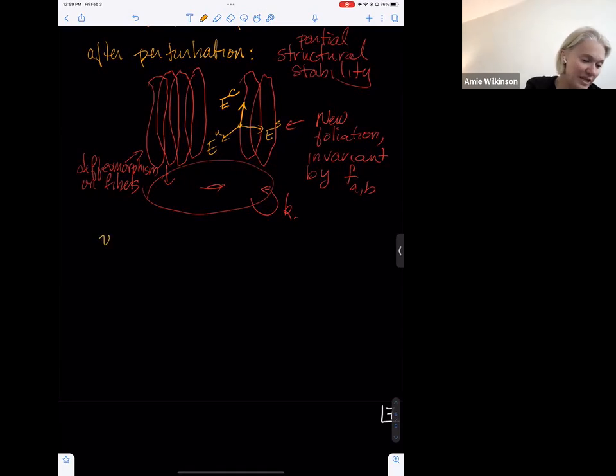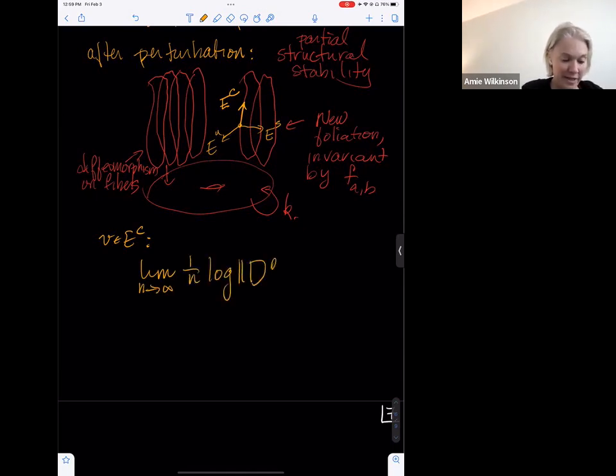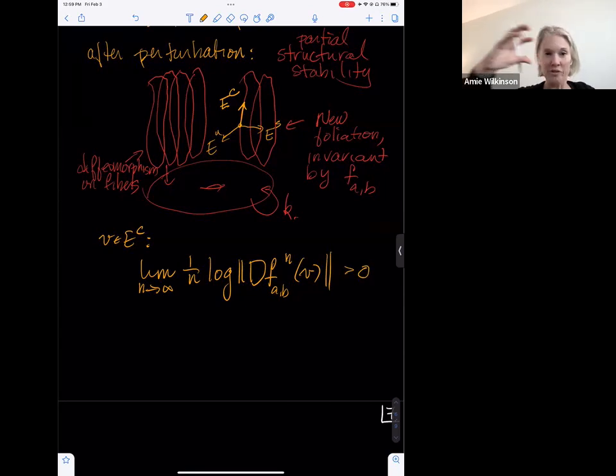And now for V inside of EC, I get that the limit as n goes to infinity of 1 over n times the log of the norm of dFAB to the n applied to V, the nth derivative, is now positive. Before that was 0.